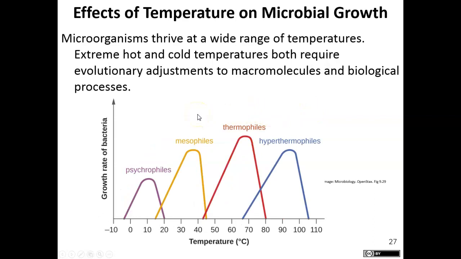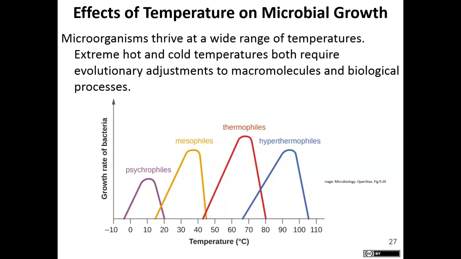Organisms also grow and thrive at different temperatures. There are some organisms that are called psychrophiles. Psychrophiles grow at very cold temperatures, but they can also grow at close to room temperature, depending. Then we have organisms that are mesophiles. Mesophiles grow best at body temperature, but they can also grow at a lower temperature.